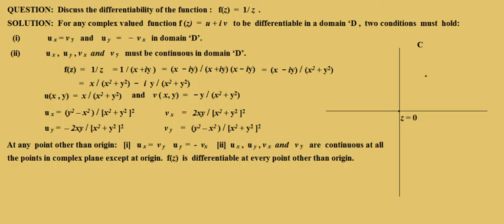Now we will check these two conditions at origin, and first we will check at origin the second condition, that is the continuity of ux, uy, vx and vy, and first we will take ux. So let us check out the continuity of ux at origin.